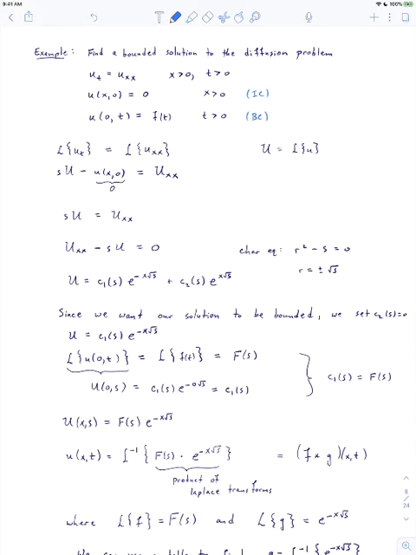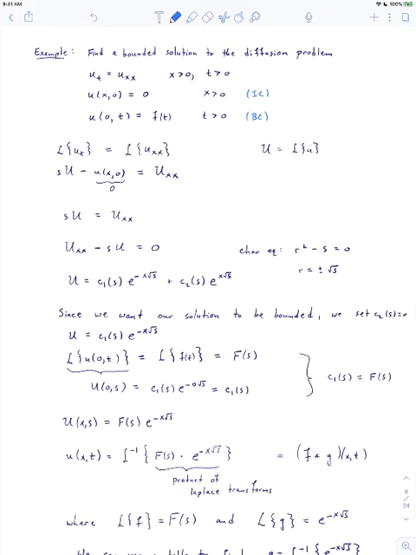So we have here a second order differential equation in terms of x, but it's an ordinary differential equation in terms of x. So this is something that we know how to solve. So we find the characteristic equation is r squared minus s equals 0. So r, the roots of the characteristic equation, are plus or minus the square root of s. So that gives us our general solution here.